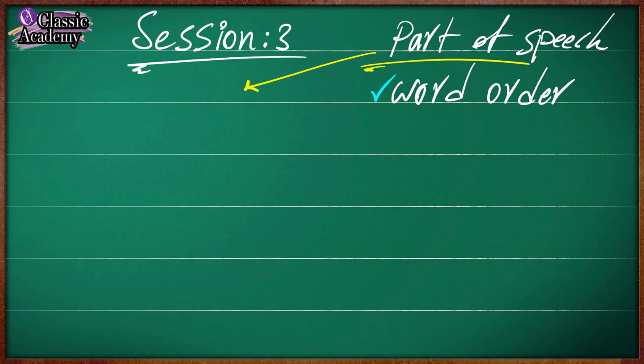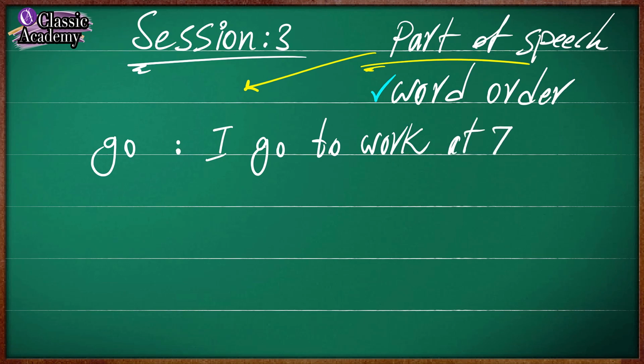You remember? For instance, we have a verb. This verb, like go, can be used in different forms. I go to work at 7. Okay.